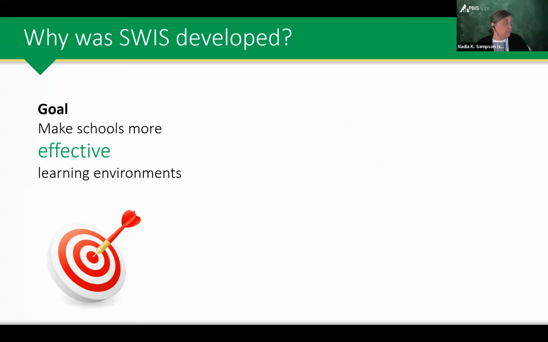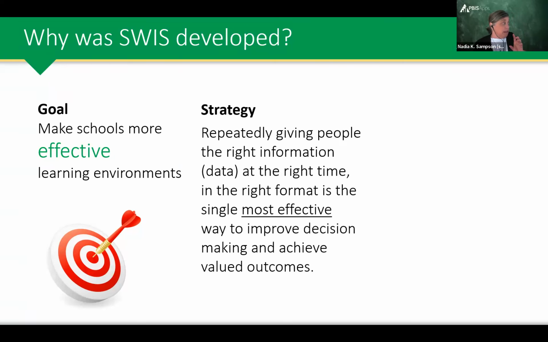Okay, so SWIS. Why was it developed? To make schools more effective learning environments, repeatedly giving people the right information at the right time, okay? It's school-based. It's used with teams on the ground in schools.